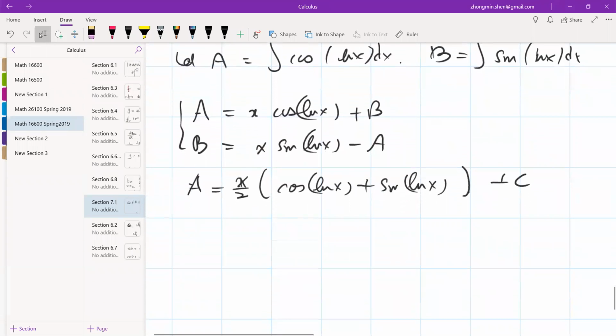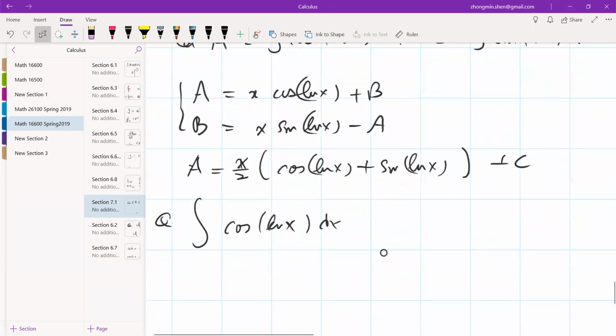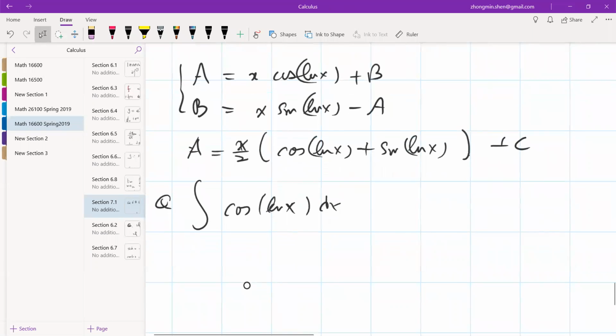Okay, let's go back to this problem again. Is there any other way to solve the problem? Maybe. So cosine natural log x is a composite of two functions. So it's also a natural idea to let u be natural log x, right?